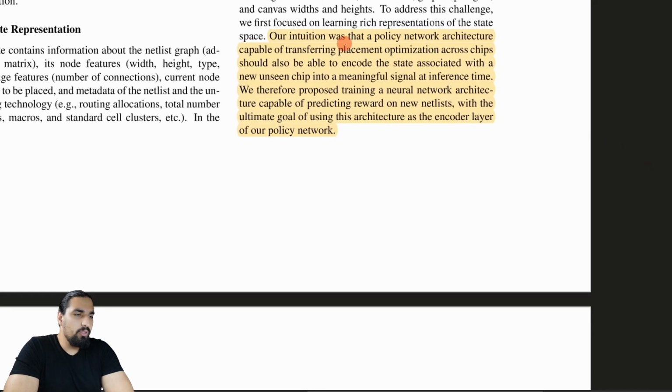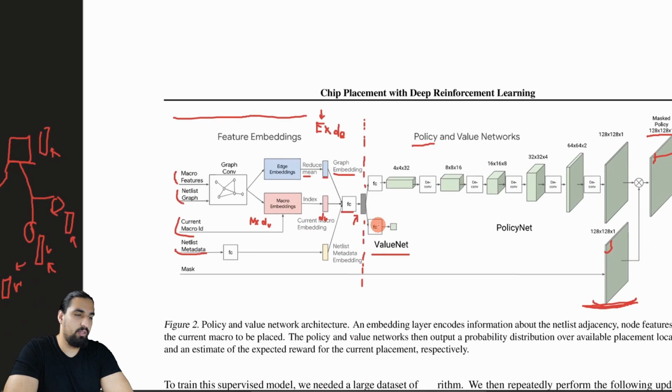Our intuition was that a policy network architecture capable of transferring placement optimization across chips should be able to encode the state associated with a new unseen chip into a meaningful signal at inference time. We therefore propose training a neural network architecture capable of predicting reward on new netlists, with the ultimate goal of using this architecture as the encoder layer of our policy network. So that was the encoder part.